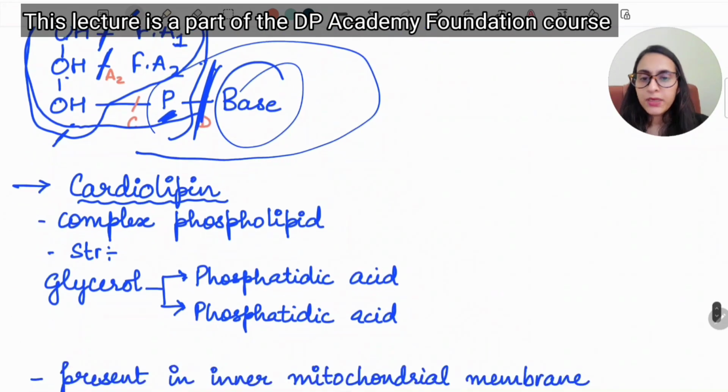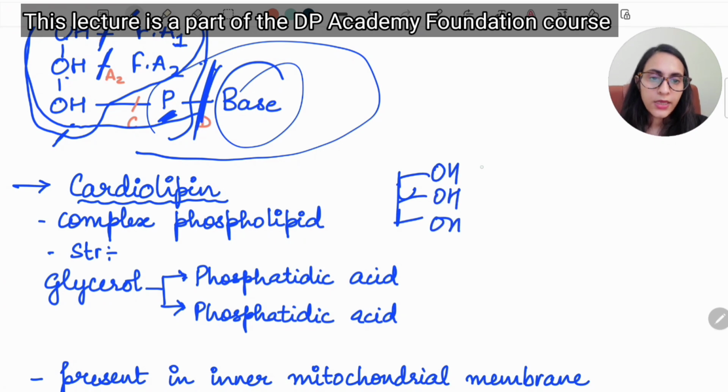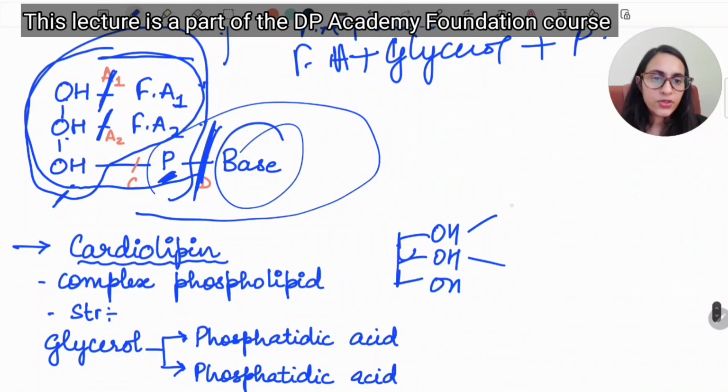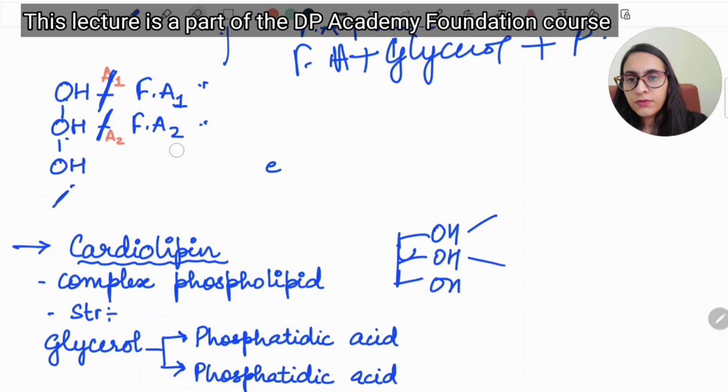Now coming to cardiolipin. Cardiolipin is a complex phospholipid, and cardiolipin is a glycerol that is attached to 2 phosphatidic acids. Now this is the phosphatidic acid structure, with the phosphate group attached.